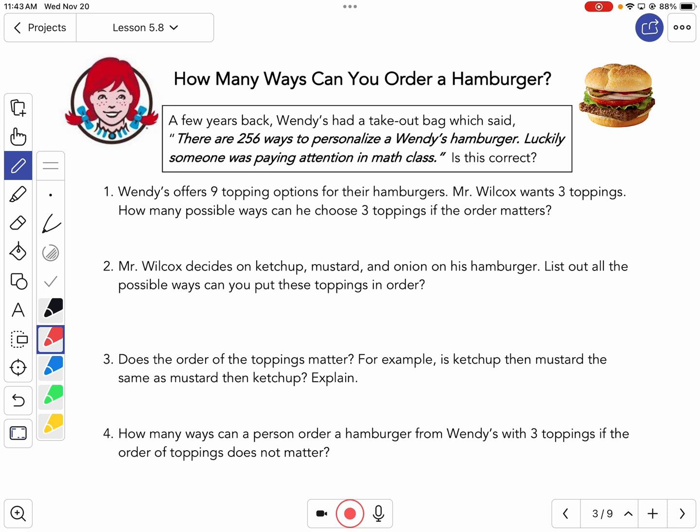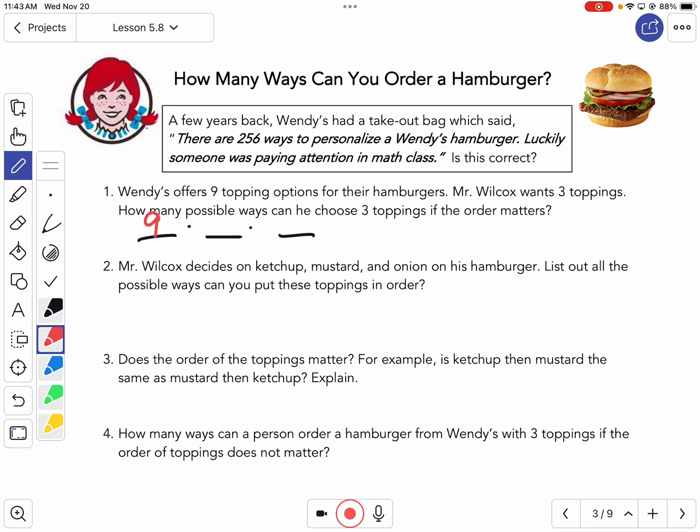How many possible ways can he choose 3 toppings if the order matters? Meaning we're not going to repeat a topping. So I'm not going to do tomatoes and tomatoes. I'm going to do tomatoes, pickles, and something else. If there are 9 things to choose from but he only wants 3, how many does he have for the first topping? He's got the full 9.